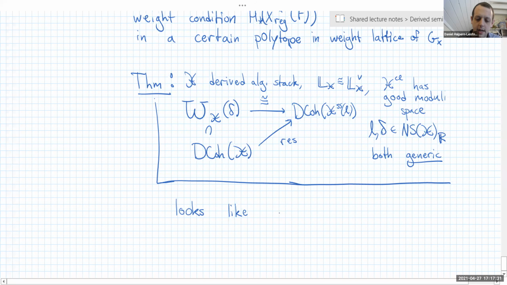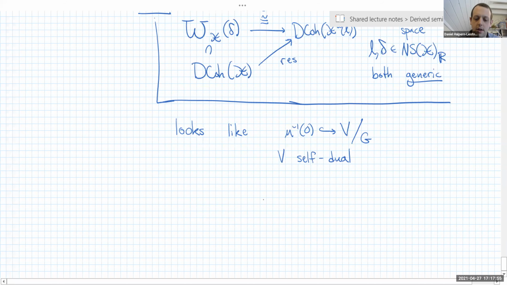Well, it's μ inverse of 0 inside of V, and then mod G, where V is self-dual. That's the local model you end up considering. Actually, the magic windows theorem is applied to, because under linear Koszul duality you end up looking at V times V*.